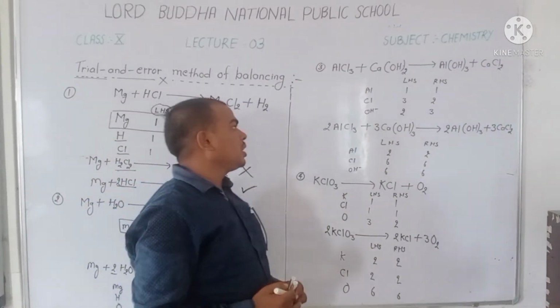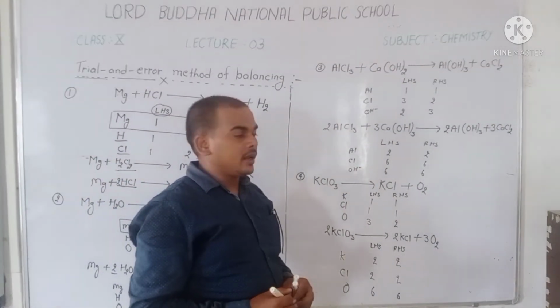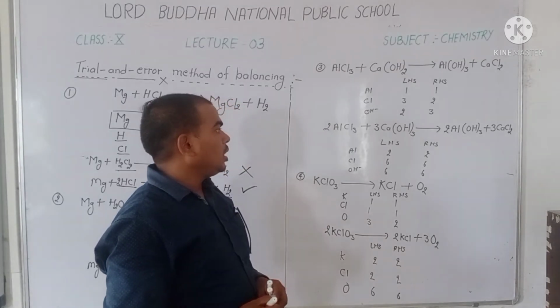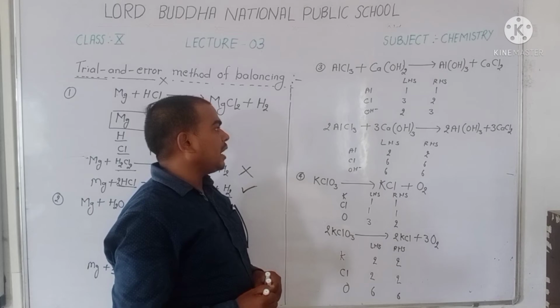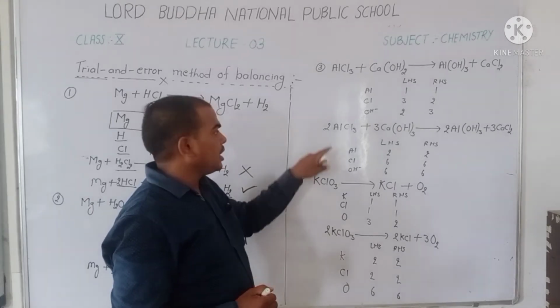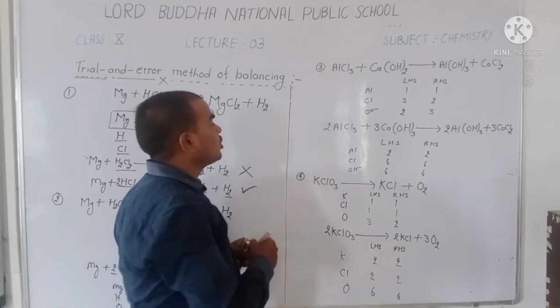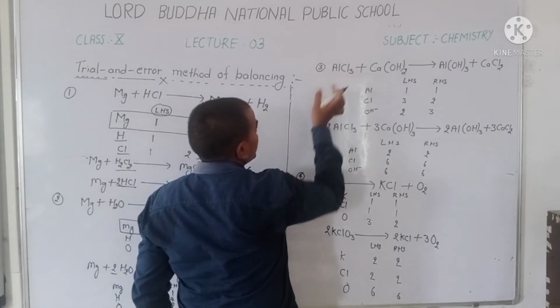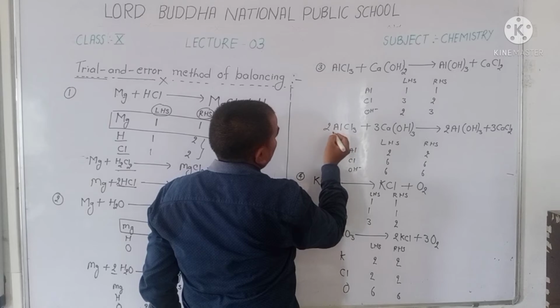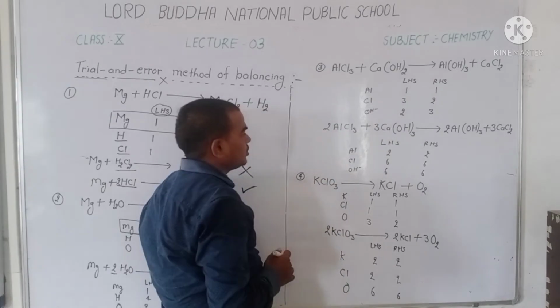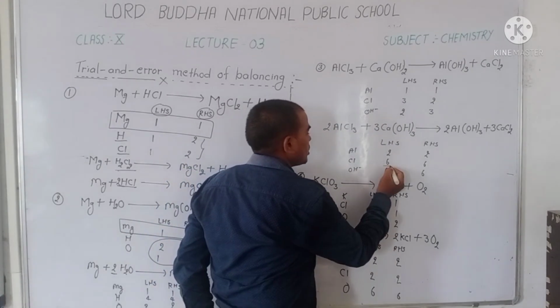For balancing chlorine and hydroxide ion, if we multiply 2 before the aluminium trichloride, AlCl3, we find 6 chlorine.